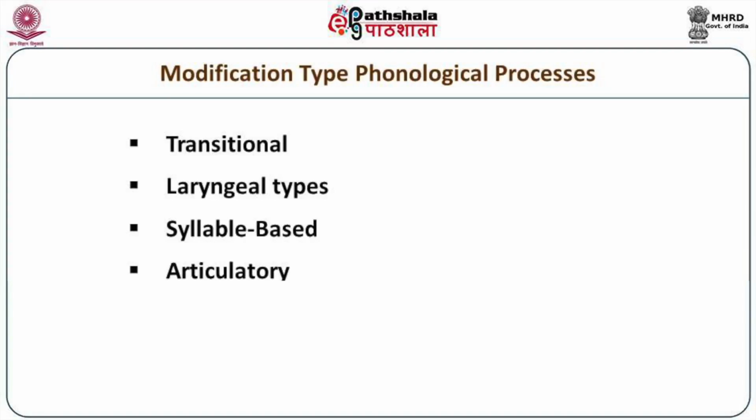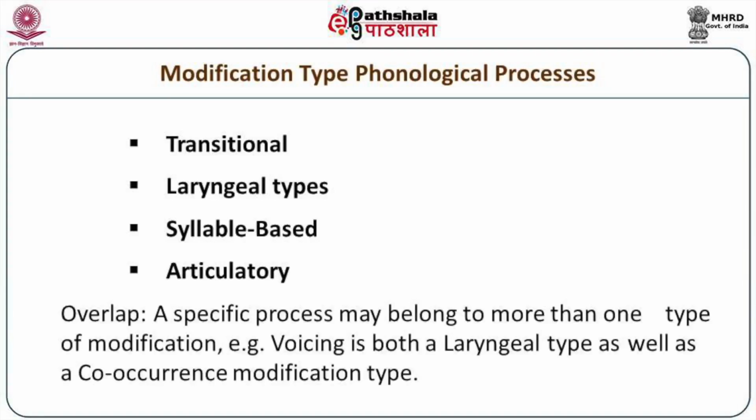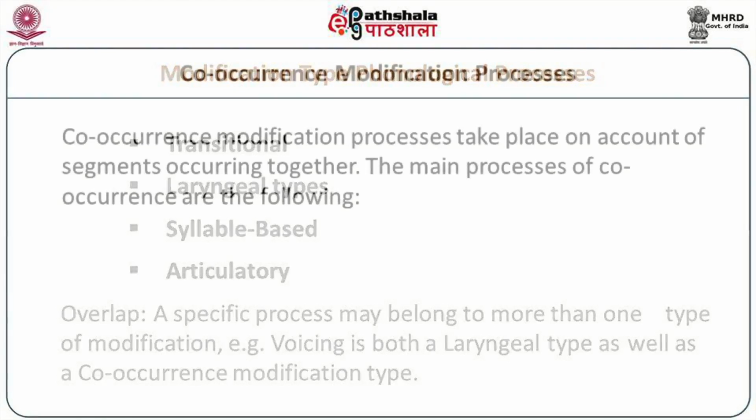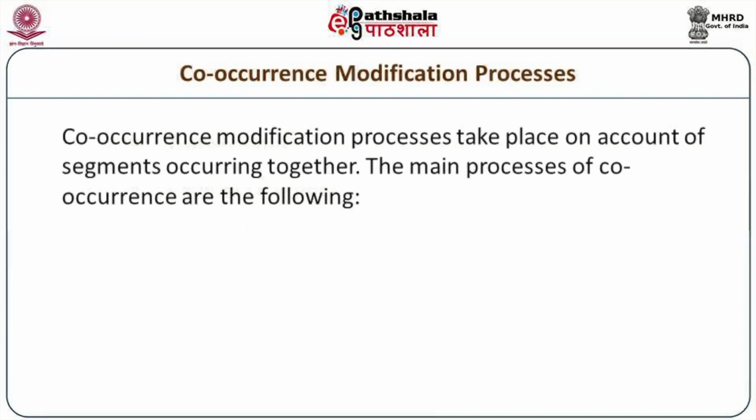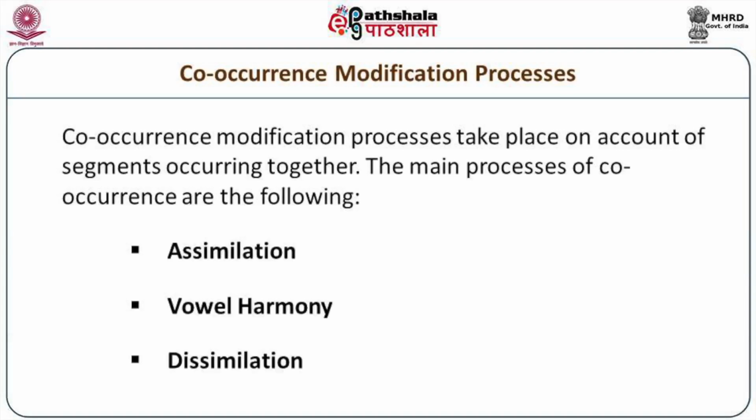It should be noted that the examples of the various types of processes may sometimes overlap from one type to another. So the first type of modification processes that we are going to consider are those that are co-occurrence type modification processes. These are three in number: assimilation, vowel harmony, and dissimilation.